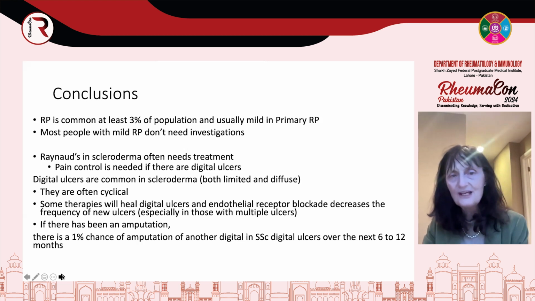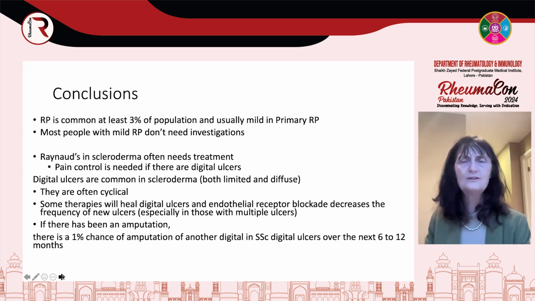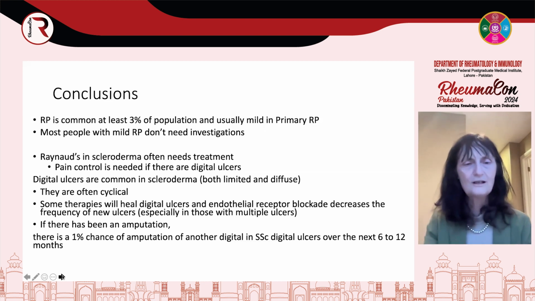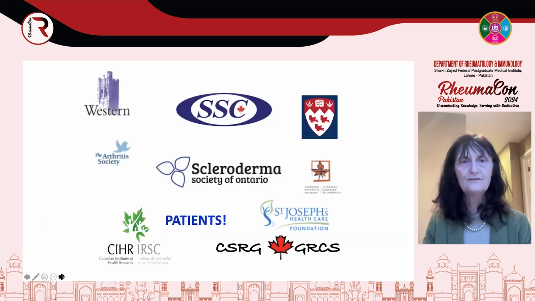If there's an amputation of a fingertip ulcer, chances are you're going to have another amputation, at least a 1% chance every 6 to 12 months of further amputations, because the vasculopathy is quite widespread, of course, in our patients, really involving in general all digital arteries of hands and feet.